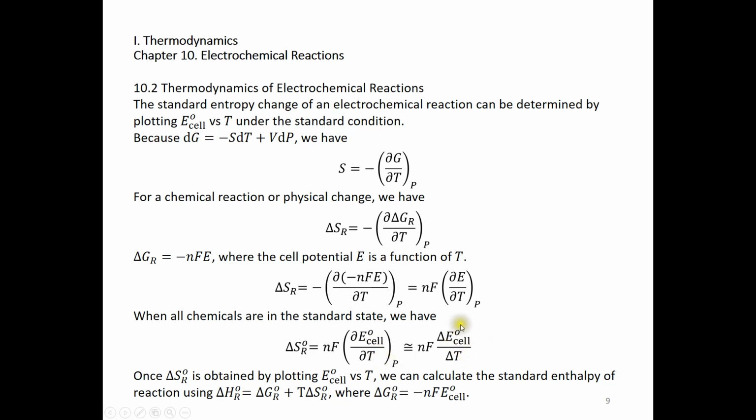And sometimes if we can measure the standard cell potential accurately at two different temperatures, we can just use the finite change of the cell potential on top, the finite change of the temperature on the bottom. We can just estimate the standard entropy of reaction. Or if we can measure the standard cell potential at various temperatures, we can make a plot. We have this versus temperature, and then we'll be able to calculate the standard enthalpy of reaction.